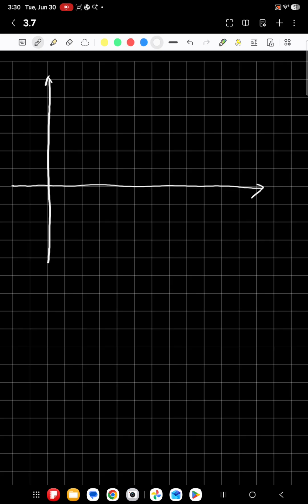So what do I have? I have pi over 6, and then we have pi over 2, and then 5 pi over 6. And 3 pi over 2 is here.